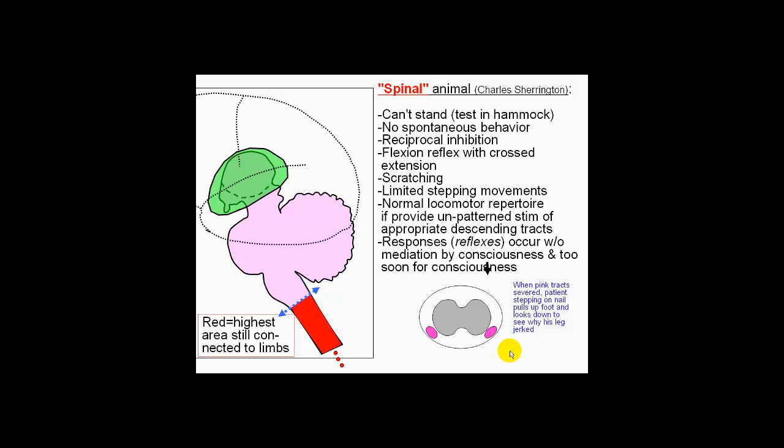The neurologist was describing is the patient said, I stepped on this apparently, and I lifted my leg and I looked down to see why my leg had contracted. No sensation, no feeling of the pain, not even pain, no conscious sense of any stimulus at all. Just the spinal cord did it. The brain didn't find out about it.